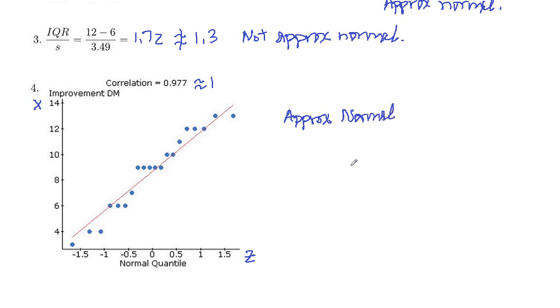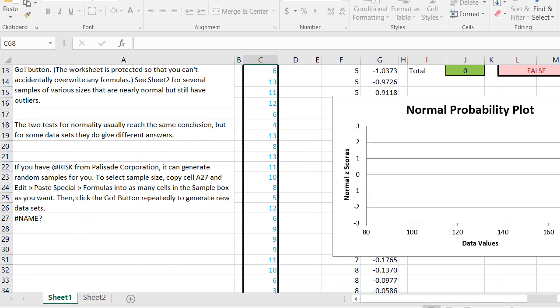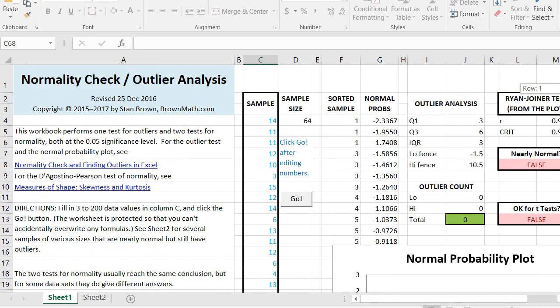Now, a lot of these things you can do with a calculator. You cannot do the normal probability plot with a calculator, but I linked an Excel sheet that you can use to do that. So this is our normality check or outlier analysis. And you just enter your sample data here in the middle. So I entered that, and then you press go.